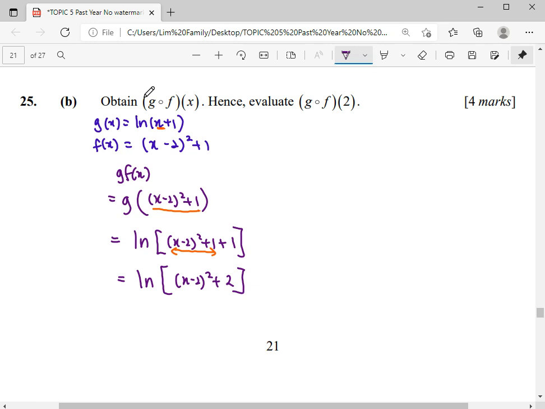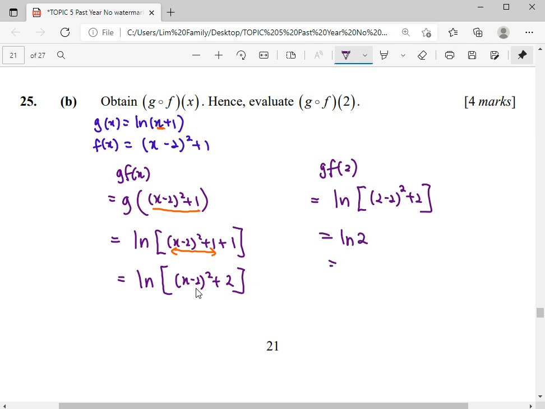So after we get our composite gf(x), evaluate. So we put in our value gf(2). So substitute our value of 2 into the composite function here, which is ln((2 minus 2) squared plus 2), 0 plus 2. So it will be equal to ln 2.